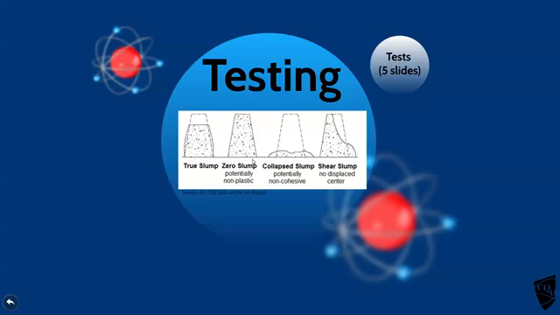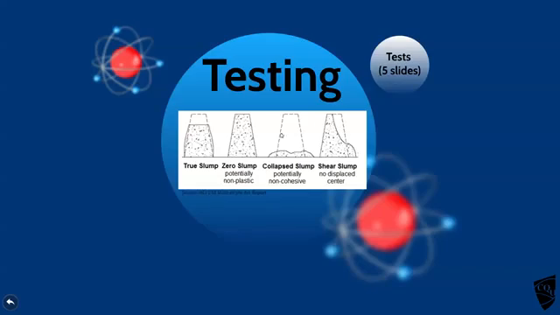If it keeps the full shape, it's got no plasticity to it, so it'd be a bugger to work with. That one, well, you might as well just go and use blancmange or jelly, because it's no use whatsoever, it's not doing anything. And a shear slump, yeah, it's on the way to being what you want, but not quite right.